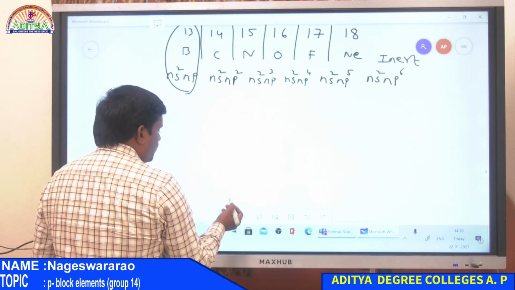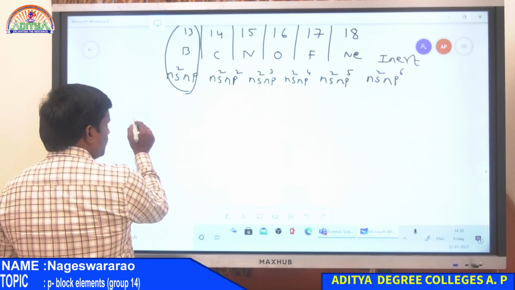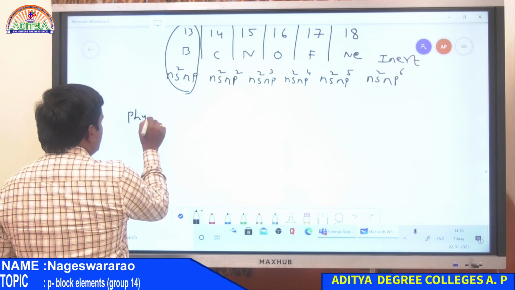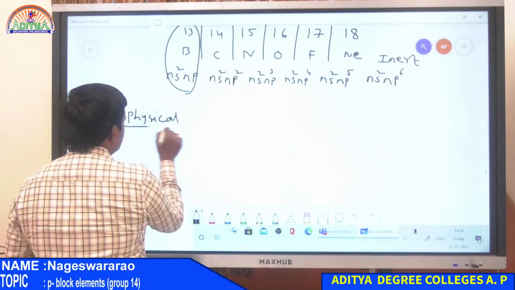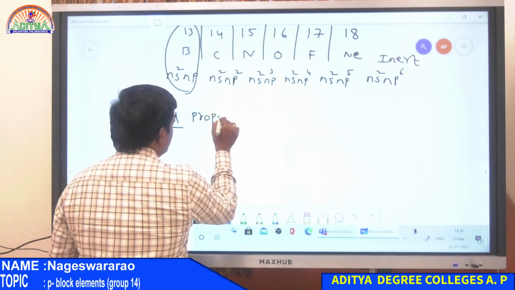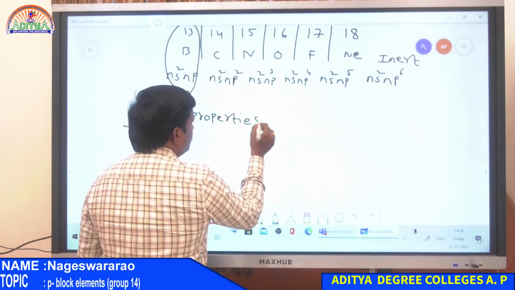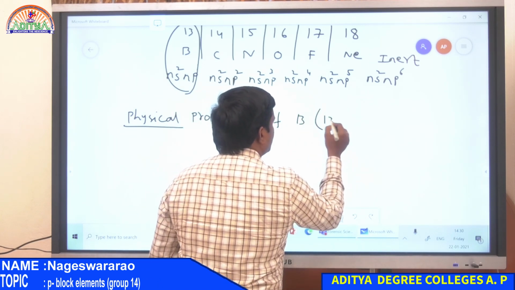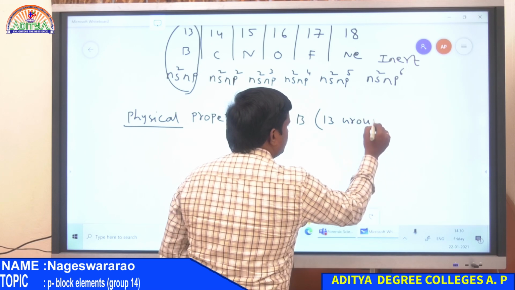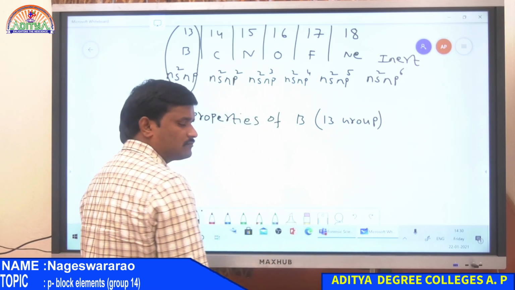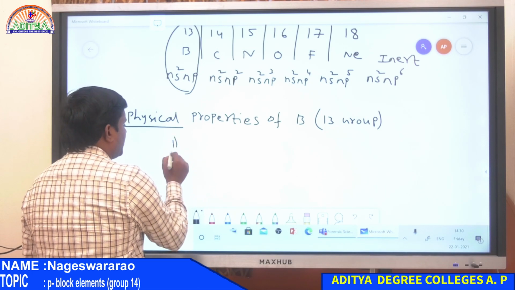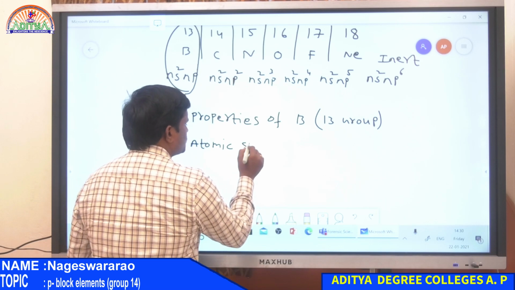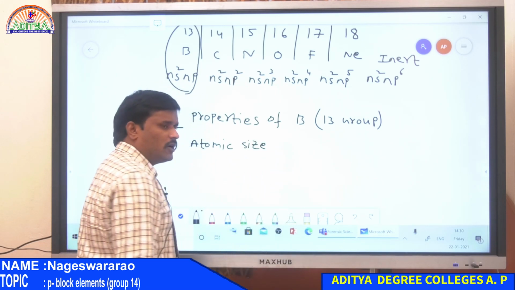Under the heading physical properties of the boron family or 13th group elements, we discussed properties like atomic size, the first property, and what happens to atomic size from top to bottom in a group.